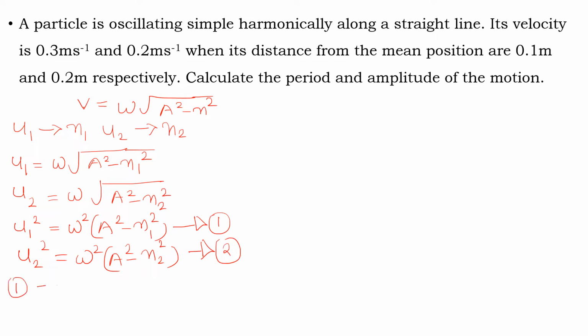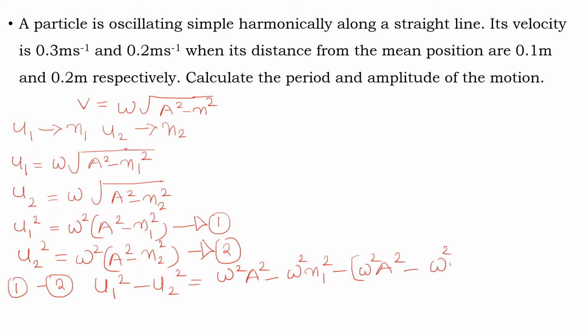Therefore, u1 square minus u2 square is equal to omega square a square minus omega square x1 square minus omega square a square plus omega square x2 square.